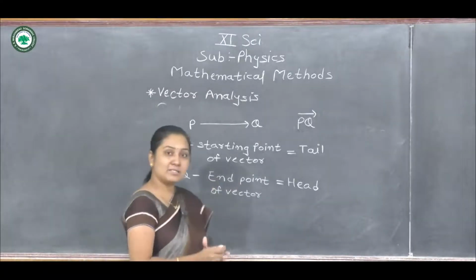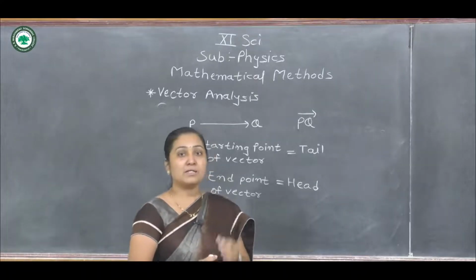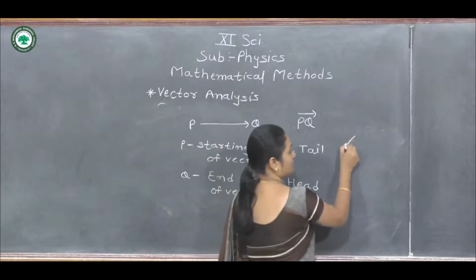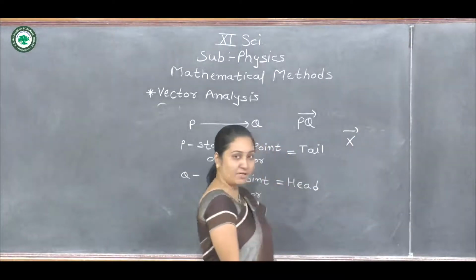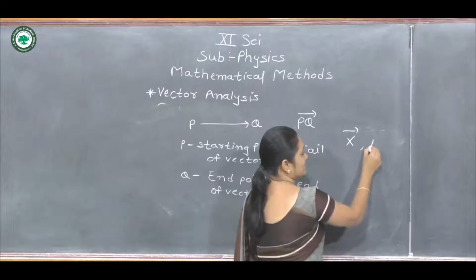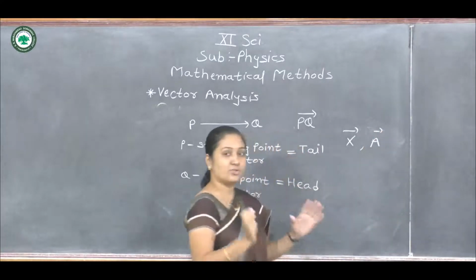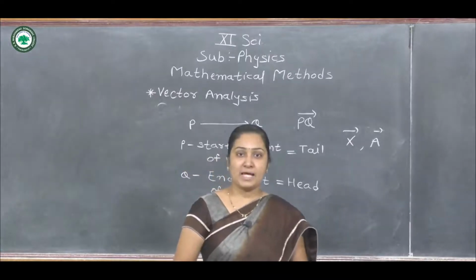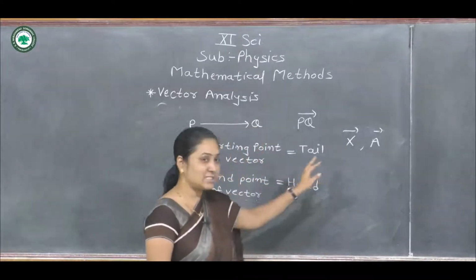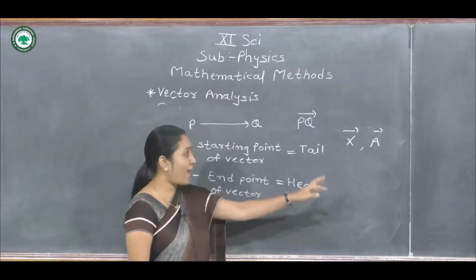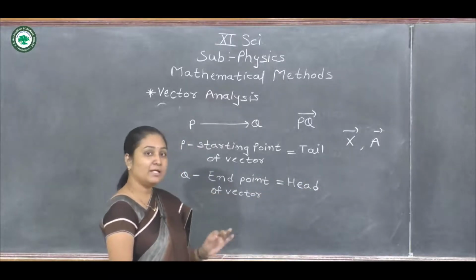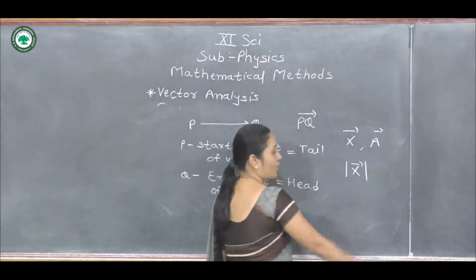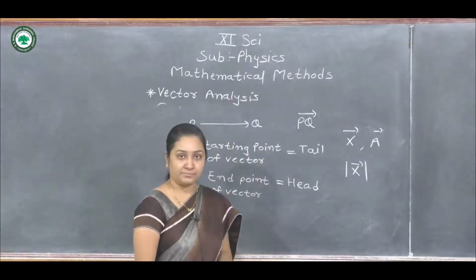Also the vectors can be represented by a single letter. Suppose x bar is a vector, or we can say a bar is also a vector. Then the magnitude of the vector is represented by mod of x bar.